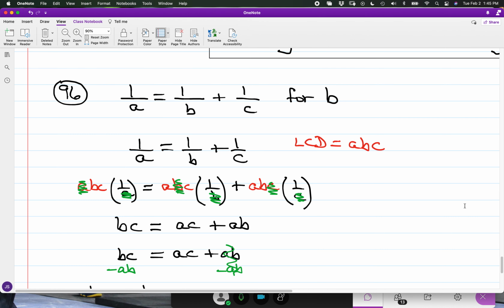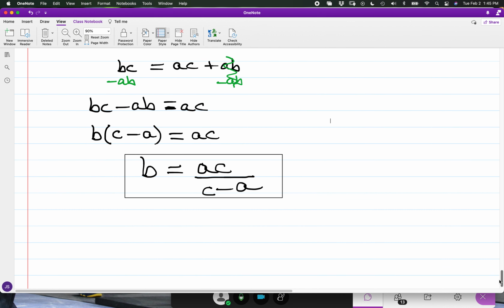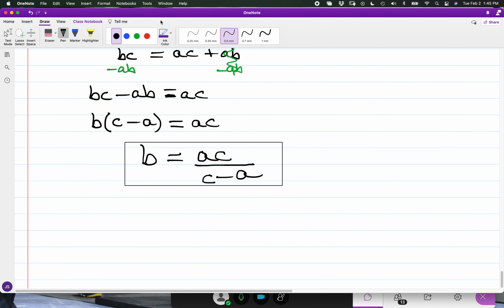In this one we have 10t squared plus 1210 is equal to 0.